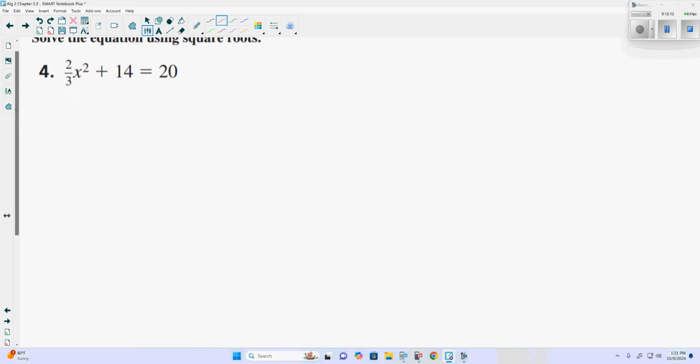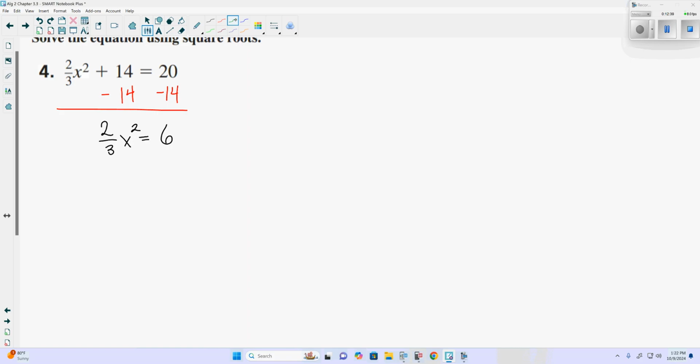Two-thirds x squared plus 14 equals 20. Hey, square root method. We can get this x squared term, our squared term by itself. So the first thing we can do is what? Minus 14. Which tells us that 2/3 x squared is equal to 6.